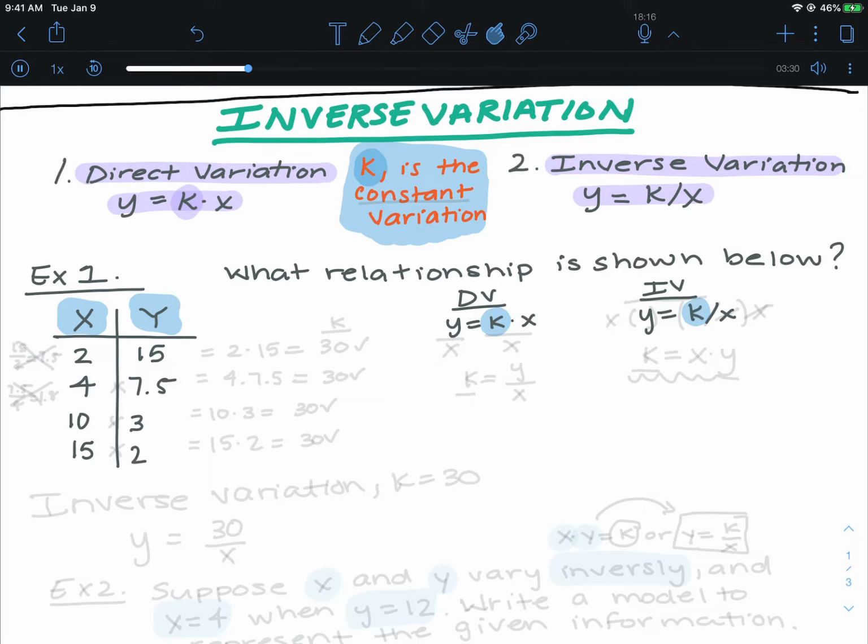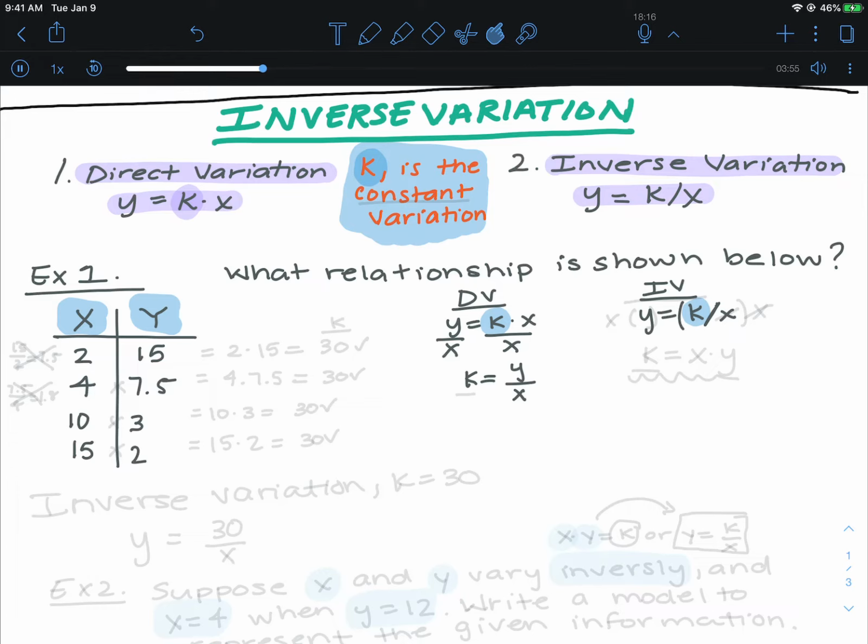So technically speaking, what we're going to try to do is solve for k in these equations. To get this k by itself for direct variation, I would have to divide by x, right? So if I wanted to find k for direct variation, I would get y and divide it by x. For inverse variation, if I wanted to solve for k, I have division, right?